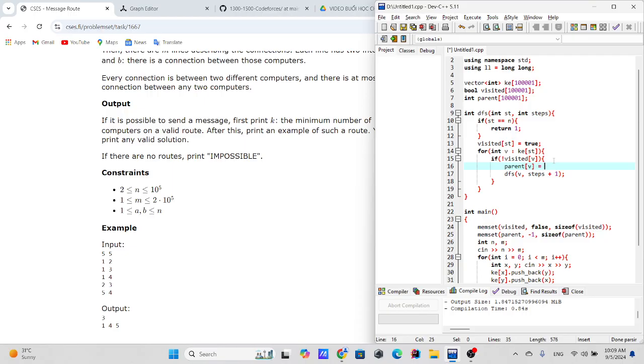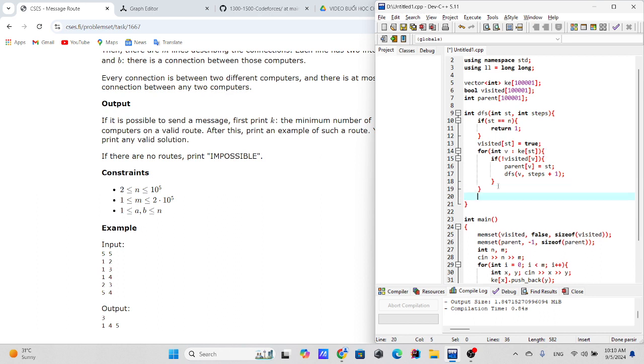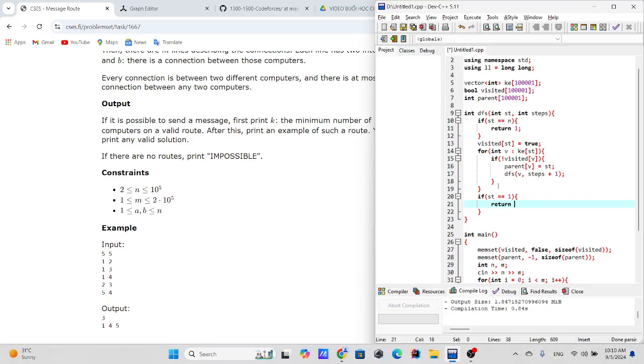They will be U. No, should be ST, right? Parent of they will be ST. Yeah, that's true, right? Return one if C is equal to one, then return -1.